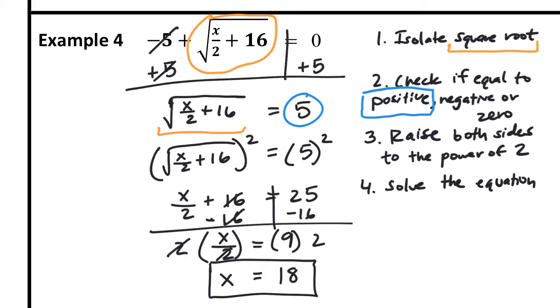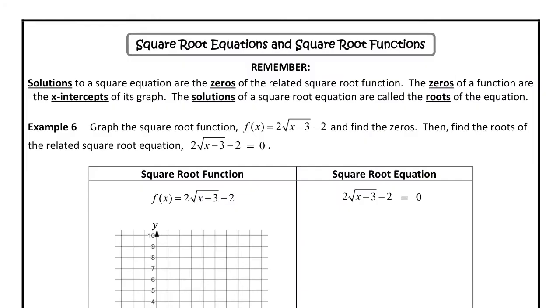Right, one more example. Let's go to example 5. In this example, this is kind of going back to, remember when we would do graphing and solving on either side. And so we're kind of doing the same thing again here, talking about zeros and roots. You might remember a problem like this in the review and in the test. To talk about them again, solutions to square root equations are the zeros of the related square root function.